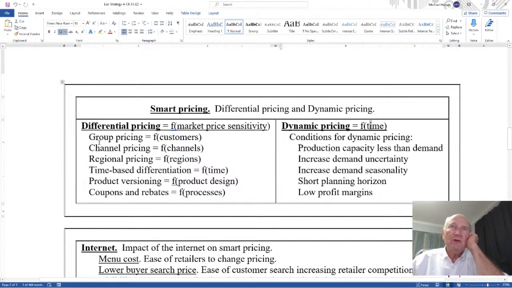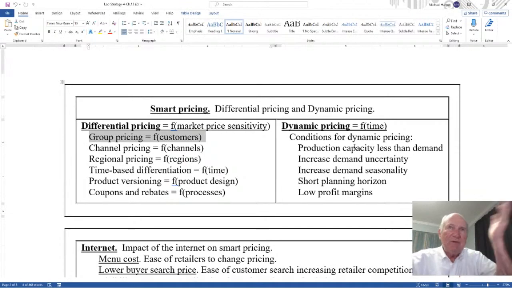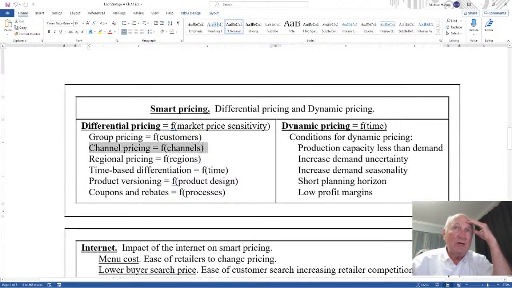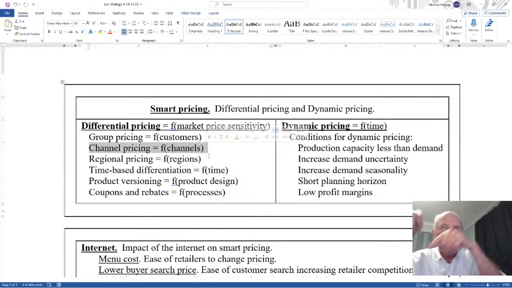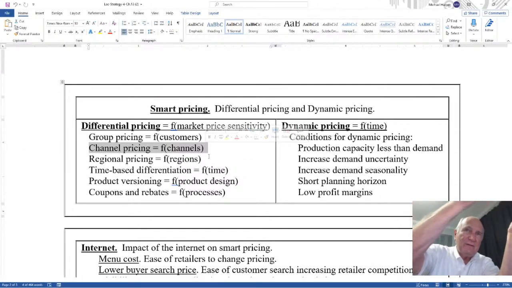For example, group pricing. Different customers, like seniors, can have a discounted rate, or a military discounted rate. Channel pricing: if you buy through this website, then we'll give you a discount. If you go here, we'll give you a discount. If you go here, you pay this amount.